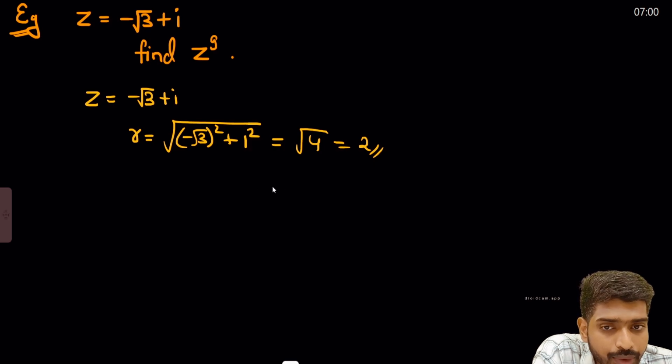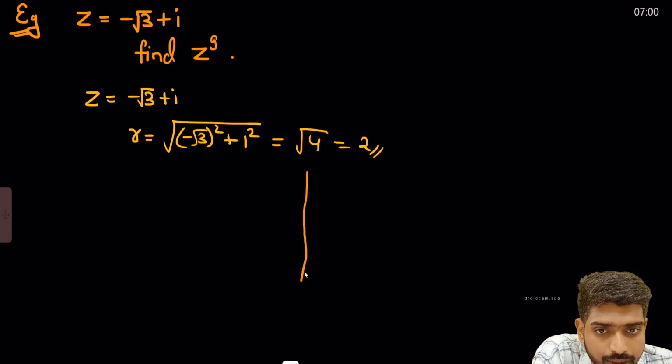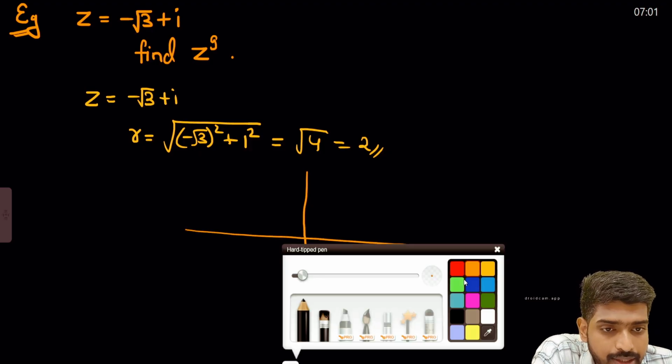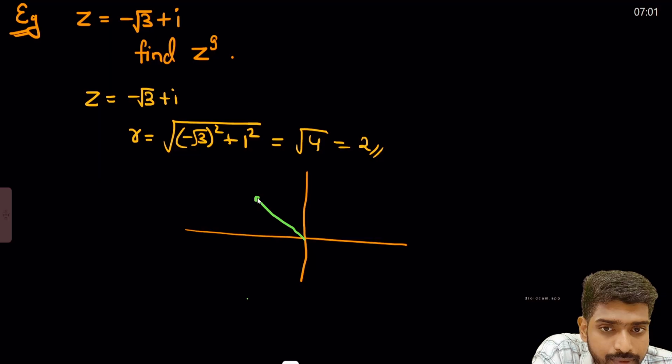Got it? Now if I want to calculate the amplitude or argument, see in which quadrant this complex number lies. The x coordinate is minus root 3, negative, and the y coordinate is positive, so it will lie in the second quadrant, somewhere here, right? This is root 3, minus root 3, and this one is 1.